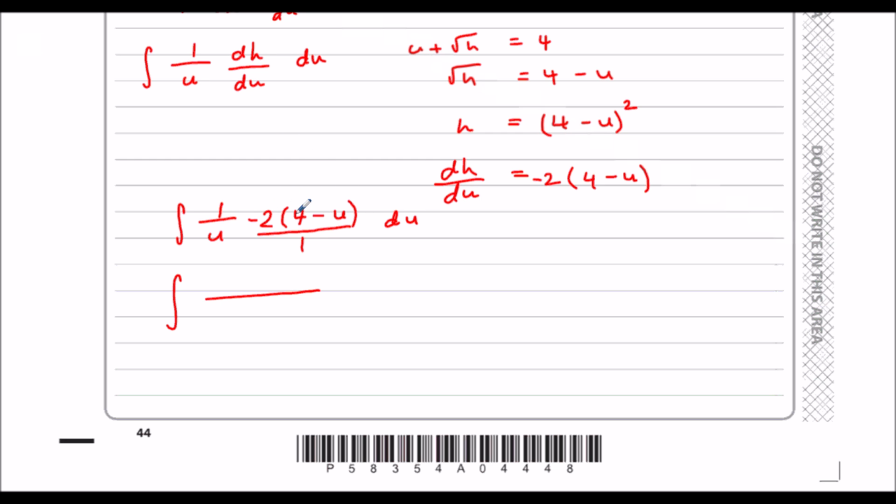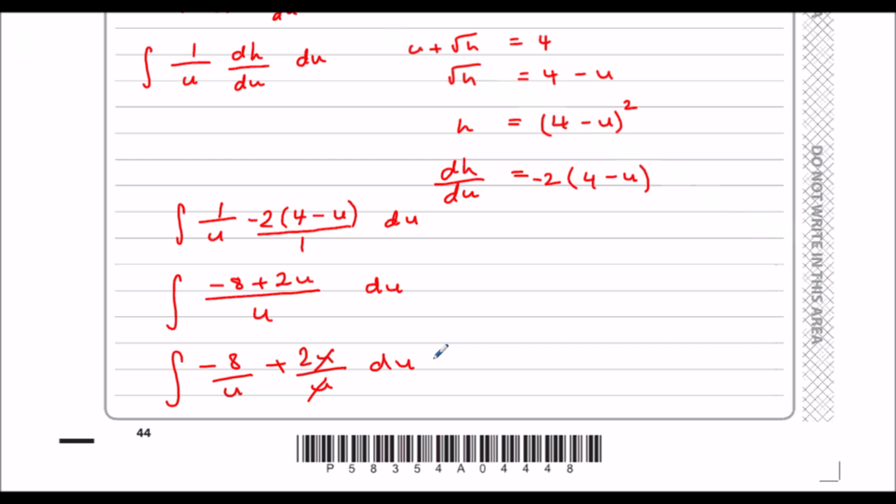So -2 times 4 is -8. -2 times a negative u is plus 2u. u times 1 is u du. So we're going to integrate this. We're going to split it into 2 fractions first. So let's have -8 over u plus 2u over u, which is just 2.